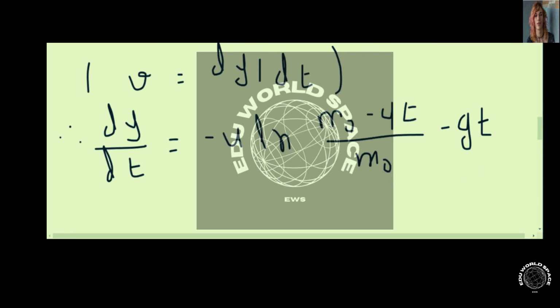Okay. Now integrating this formula with respect to time to get the altitude. So I can write integral from 0 to h of dy is equal to integral from 0 to t of (minus u ln (m0 minus qt upon m0) minus gt) dt.